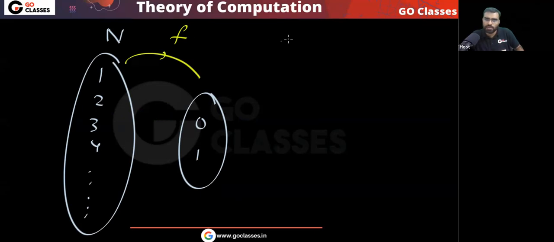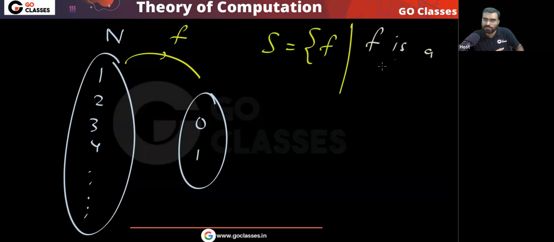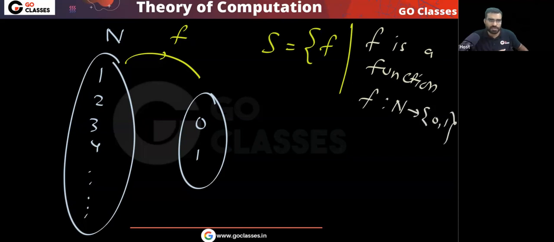So this set, where f is a function from n to {0, 1}: how many such functions can you create?